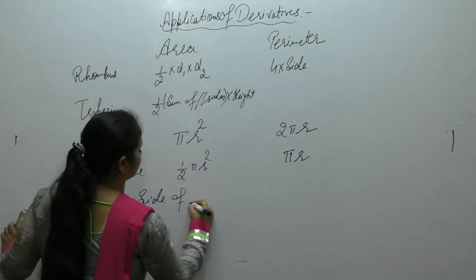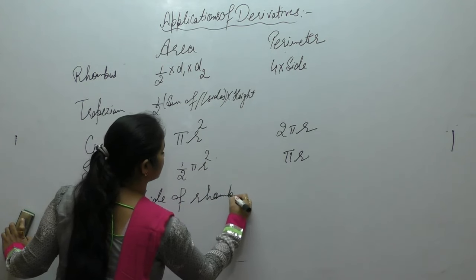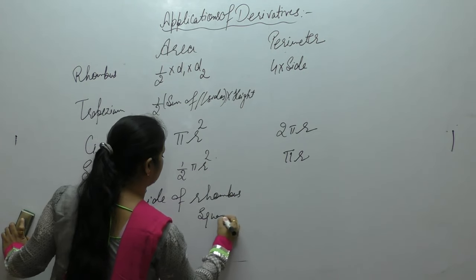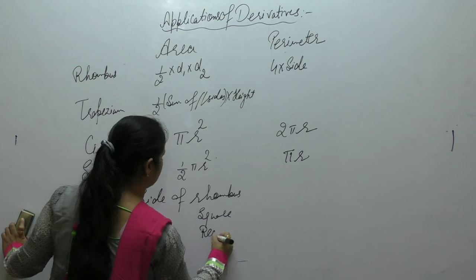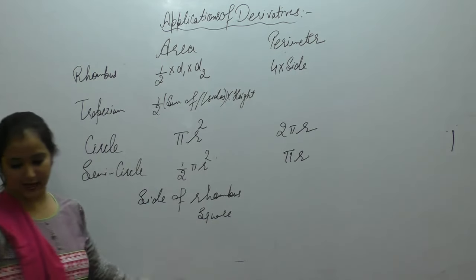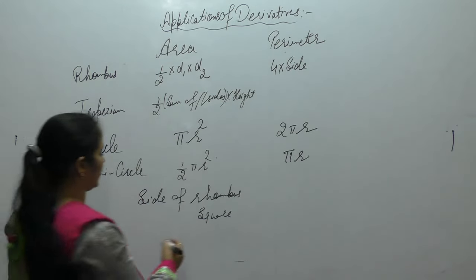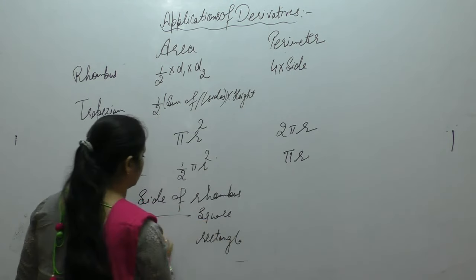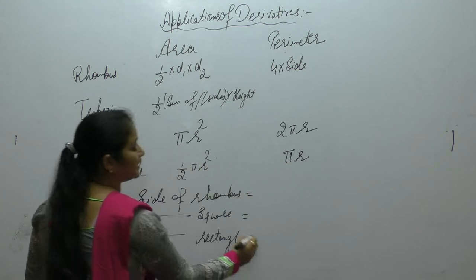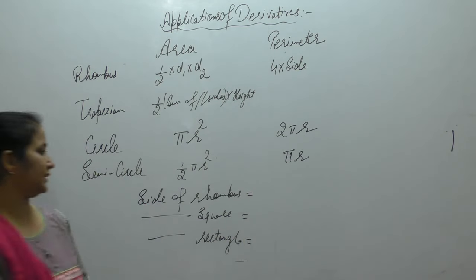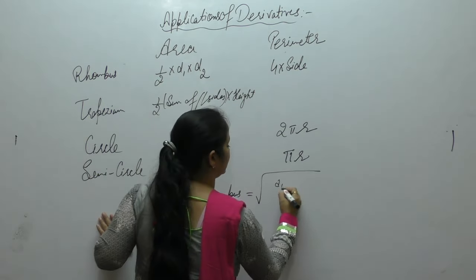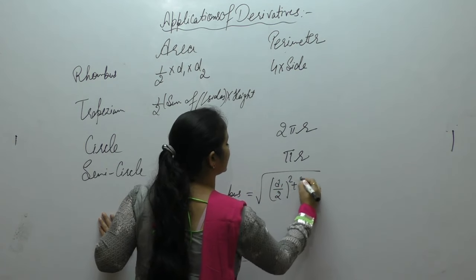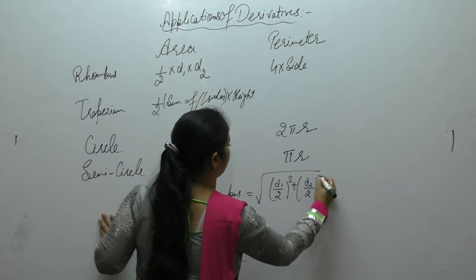Side of rhombus, square, and side of square and rectangle. Side of rhombus किसके इक्वल होती है? Square root of d1 by 2 square plus d2 by 2 square.